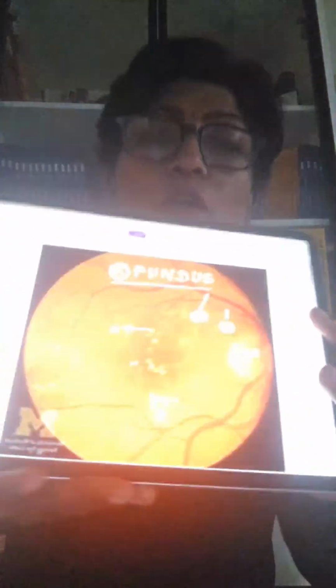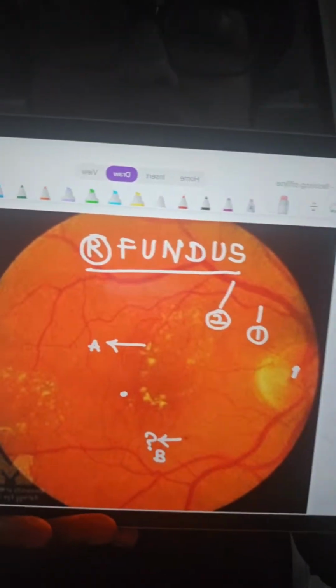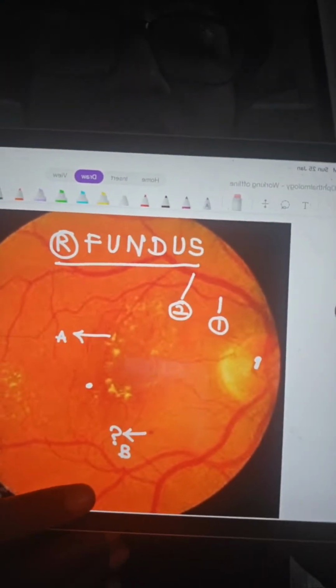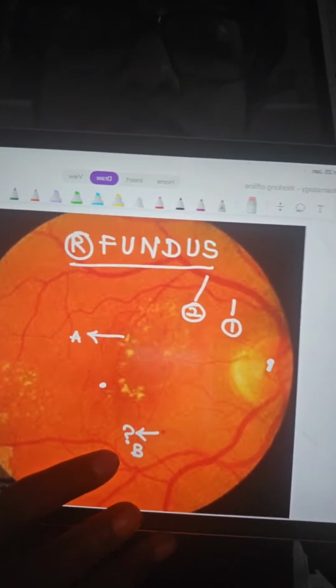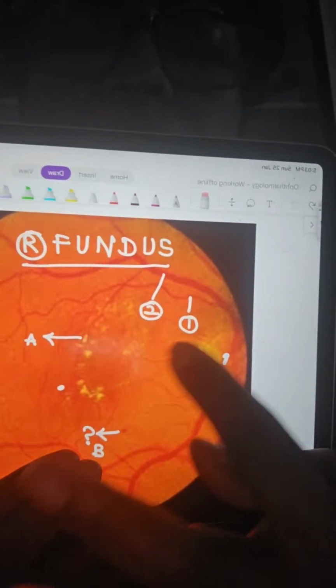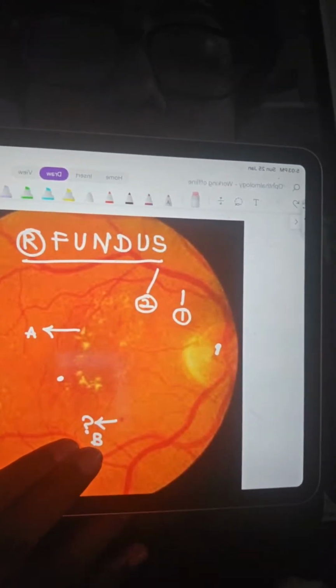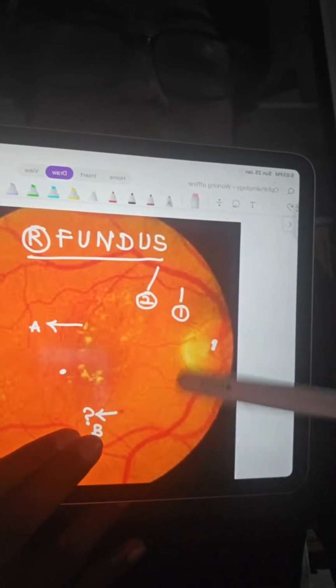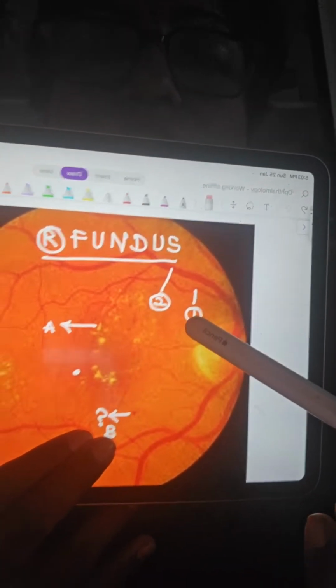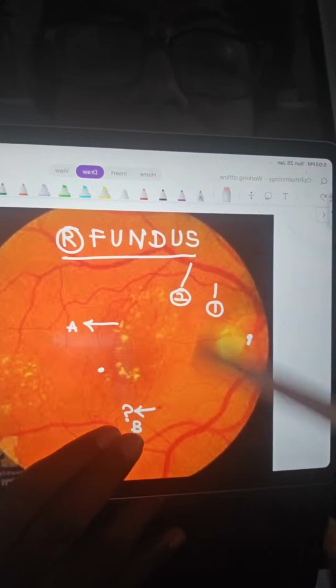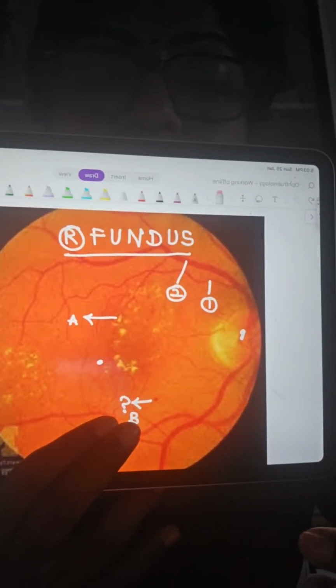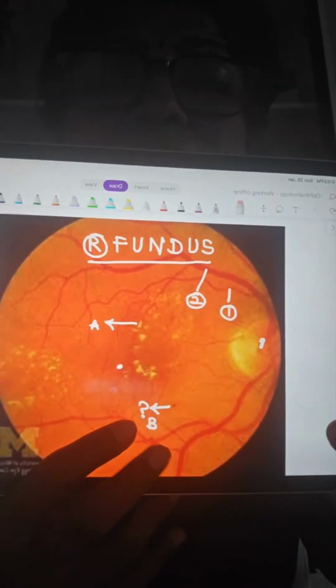So let's see who is coming up with the answer, and let's also find out if they are telling the correct reason why they are calling 1 and 2 arteriole or venule or whatever. What is it that I marked as 1 and what is it that I marked as number 2? Good evening guys.